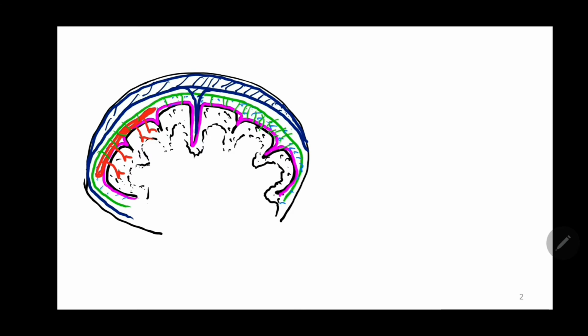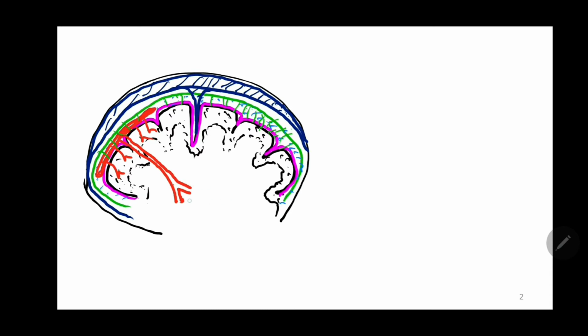But a few branches from the cerebral arteries reach down into the white matter, and these are the central arteries. I'm not writing everything so that it doesn't become crooked, but this needs some importance, so let me write it down.